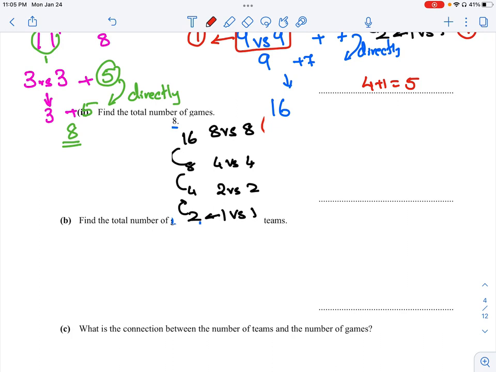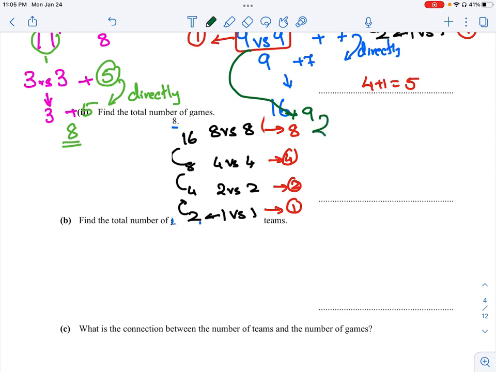We can see that here one game is being played, here two games, here four games, and over here 8 games are being played. And don't forget, over here 9 games are being played, because 9 teams versus 9 teams, to reduce 25 teams to 16.